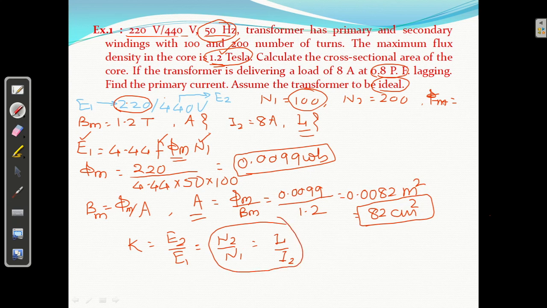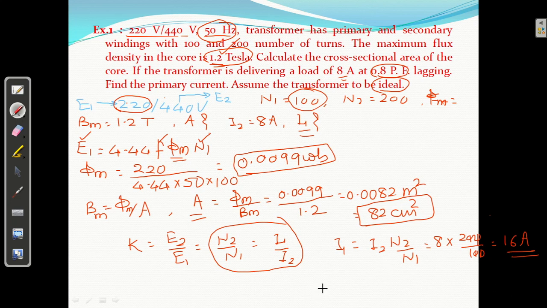So I1 equals I2 into N2 upon N1. I2 is given as 8 ampere because the load current is 8 ampere. N2 is 200 and N1 is 100. So I will get 16 ampere. That is the second answer.